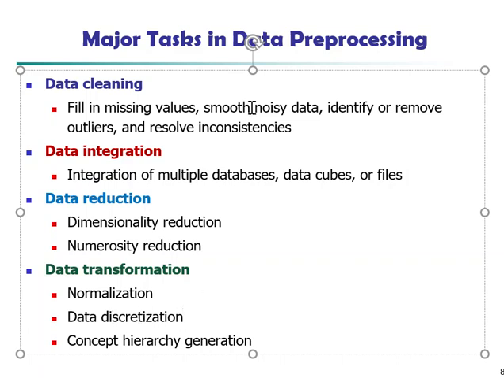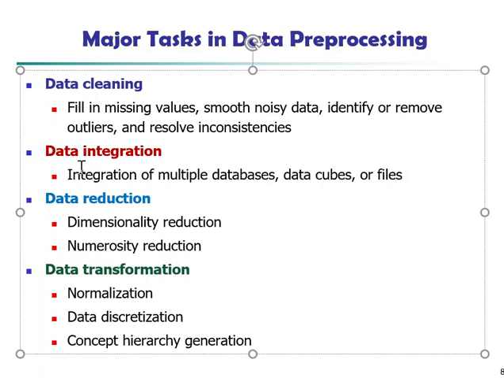It also overlaps with smoothing noisy data, and also concept hierarchy generation. This is a technique used quite widely in data warehousing. It enables the drill down and roll up operations that were mentioned before.